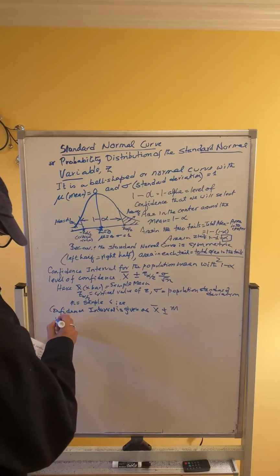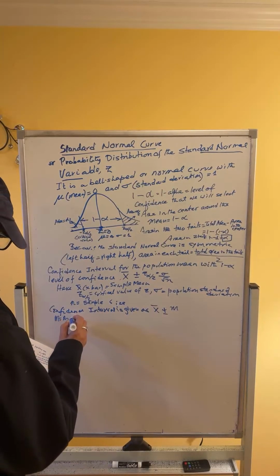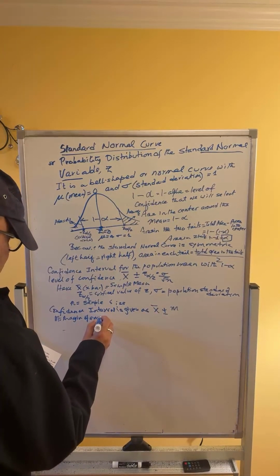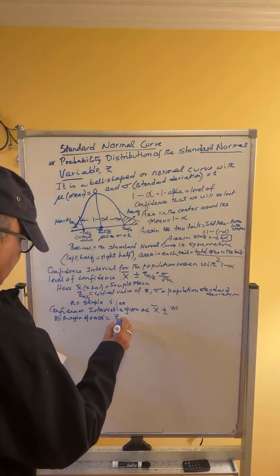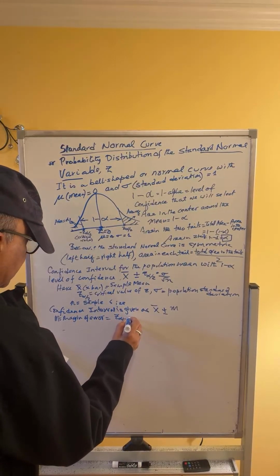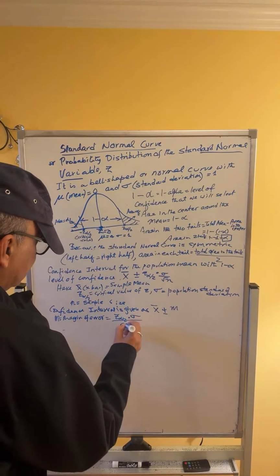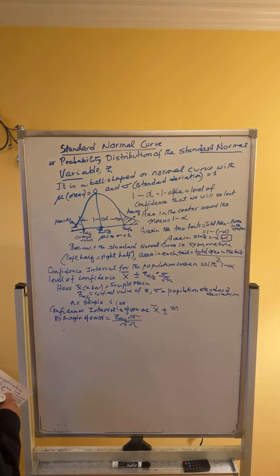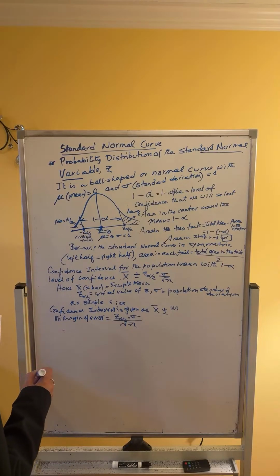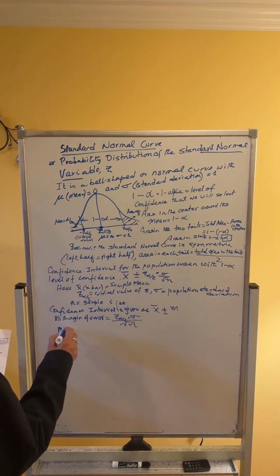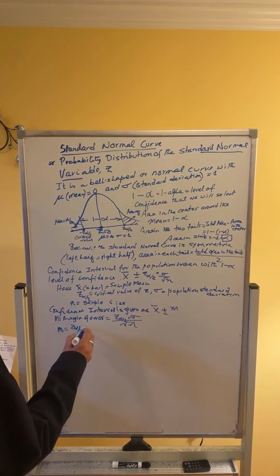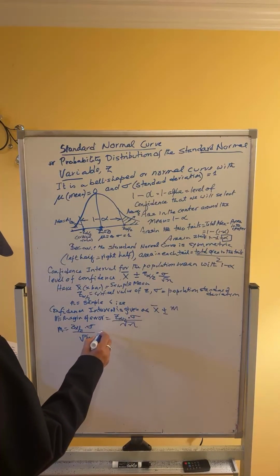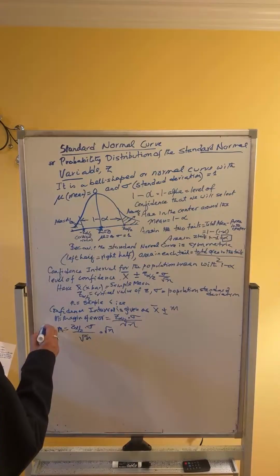So what is M? M is the margin of error, and it is equal to z alpha by 2 multiplied by sigma divided by square root of n. So we can write M equal to z alpha by 2 multiplied by sigma divided by square root of n, and we can multiply both sides by square root of n.